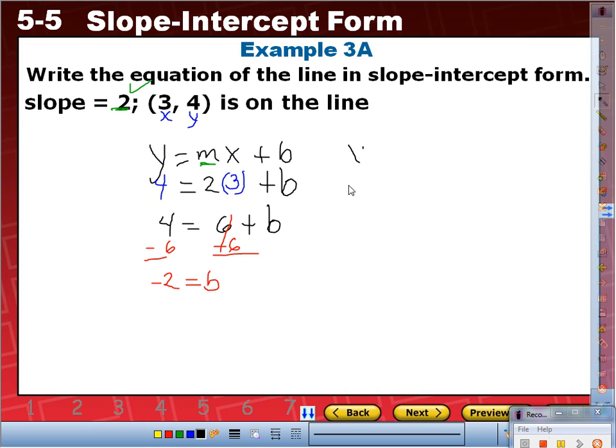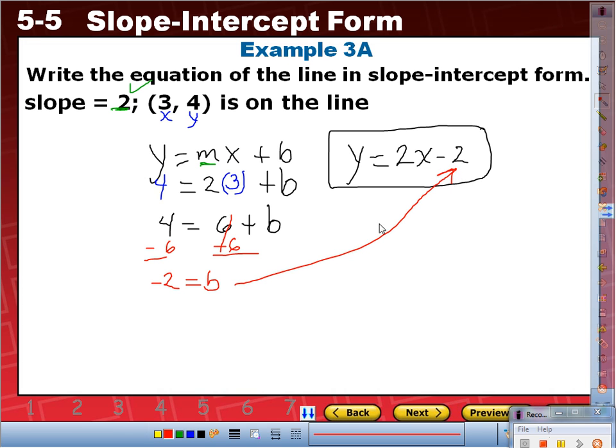So therefore, y equals 2x minus 2. Where did I get all that information from? Well, I solved for b here, that's how I get this, and I have my slope, and that's where I get that. Everybody see what I did? Okay, copy that, please. And I'm going to give you this next one for you to do by yourself.